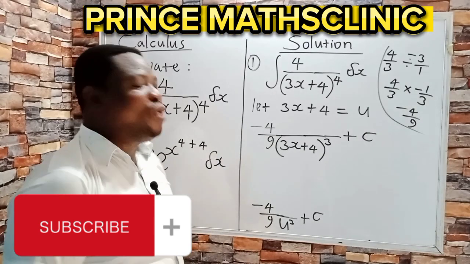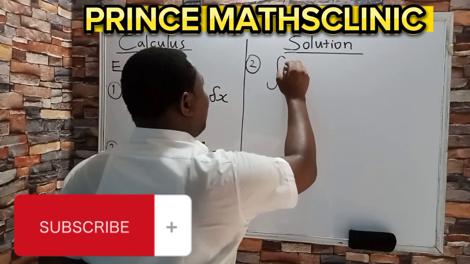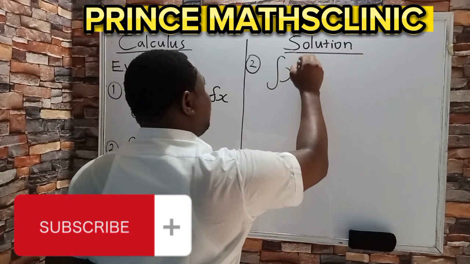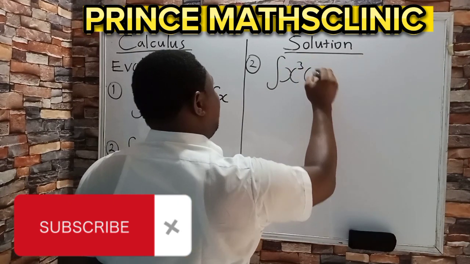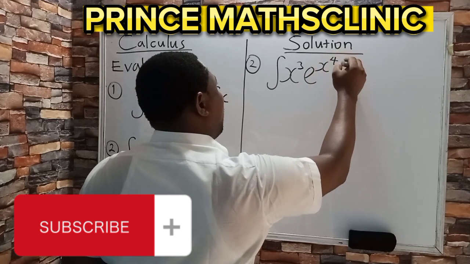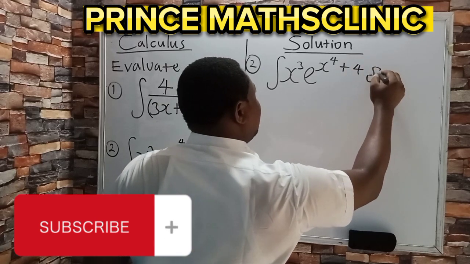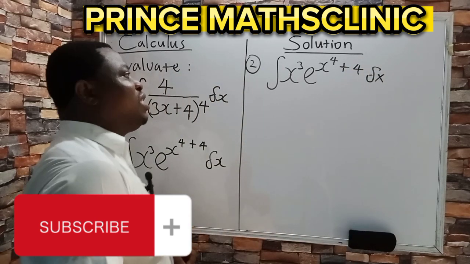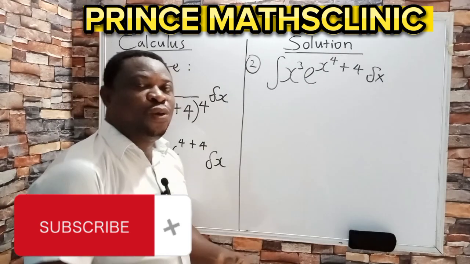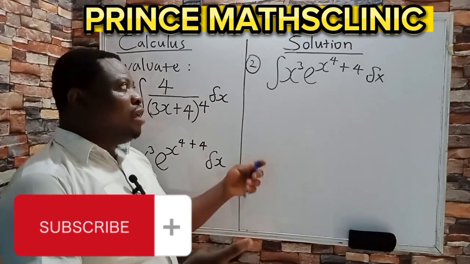Let's look at the second question. We're told in the second question that the integral of x to the power of 3 e to the power of x to the power of 4 plus 4 dx. We want to integrate this. So now let's look at the part that is a function.